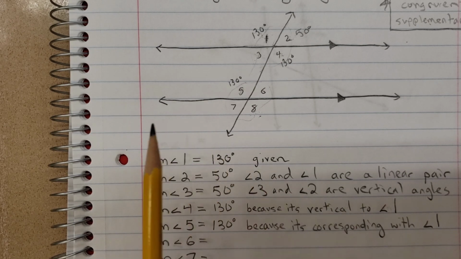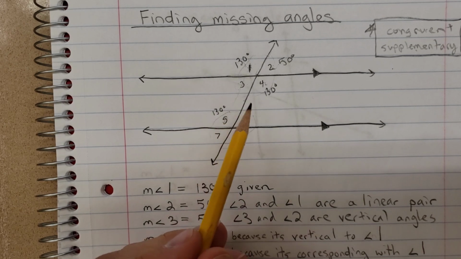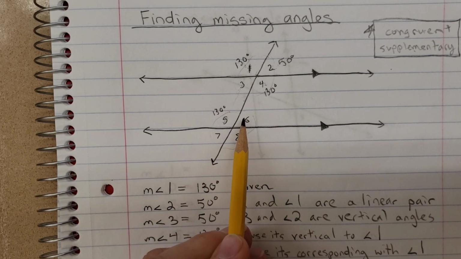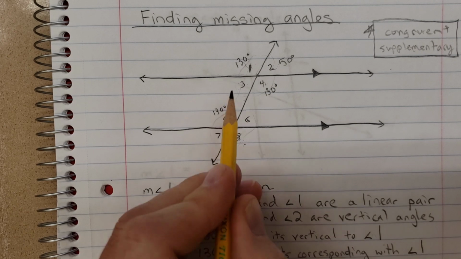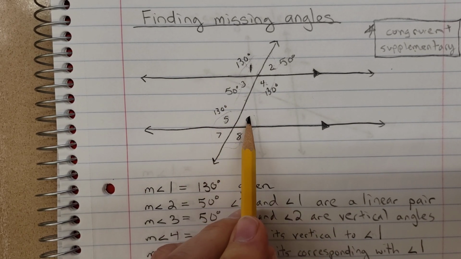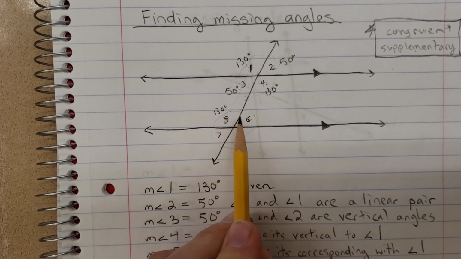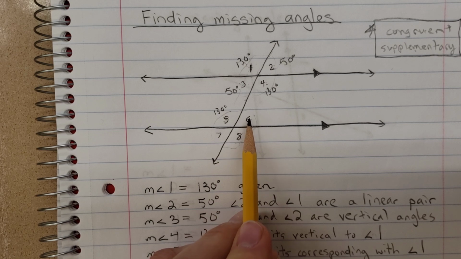Let's go. We just have to get 6 and 7 now. So let's go with 6 first. Okay, what do we got? All right. Oh, I forgot to put this in. Couple different ways we can get it. We can say, well, 6 is a linear pair with 5, so they're supplementary, or they add to 180. So that had to be 50.